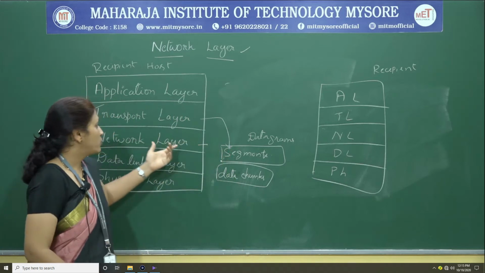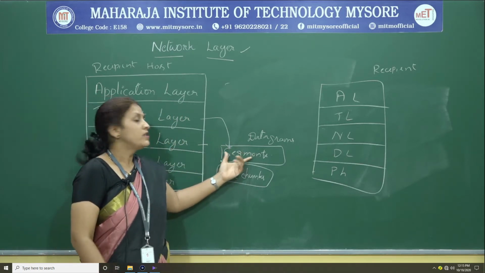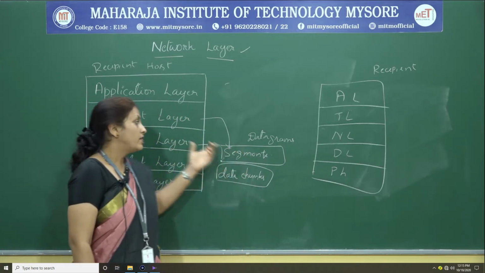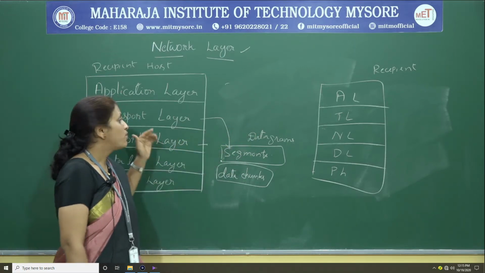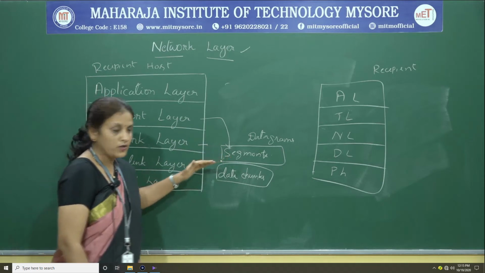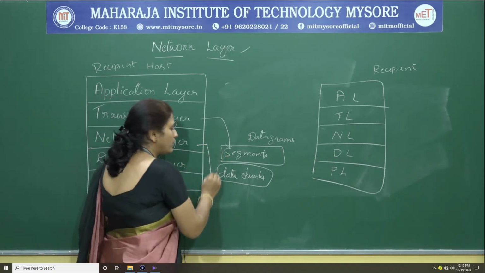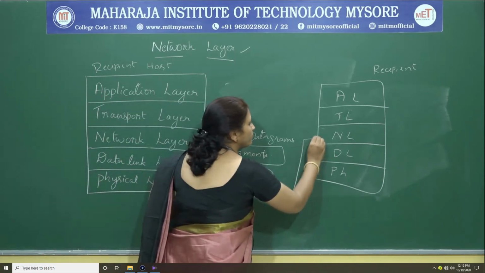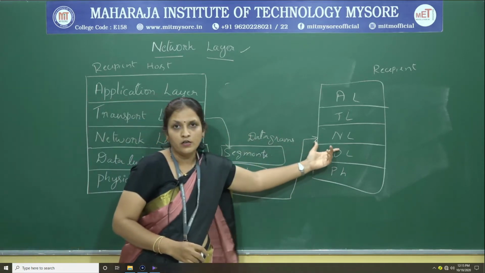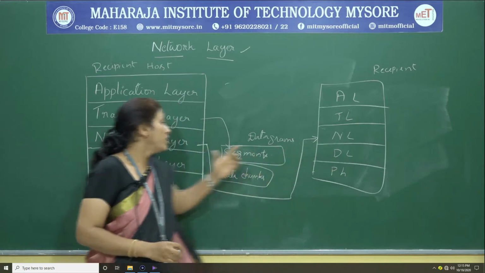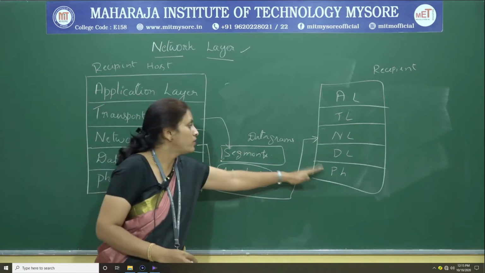It will encapsulate a few more details to the segments and then that particular datagram or packet is pushed onto the network from the sender host to the recipient host.